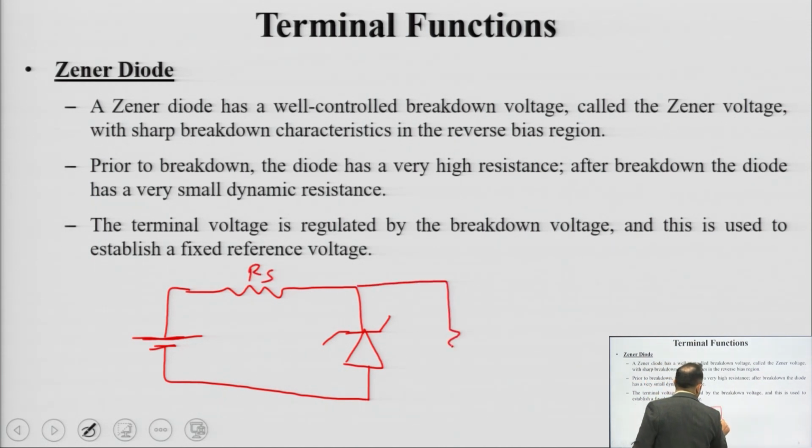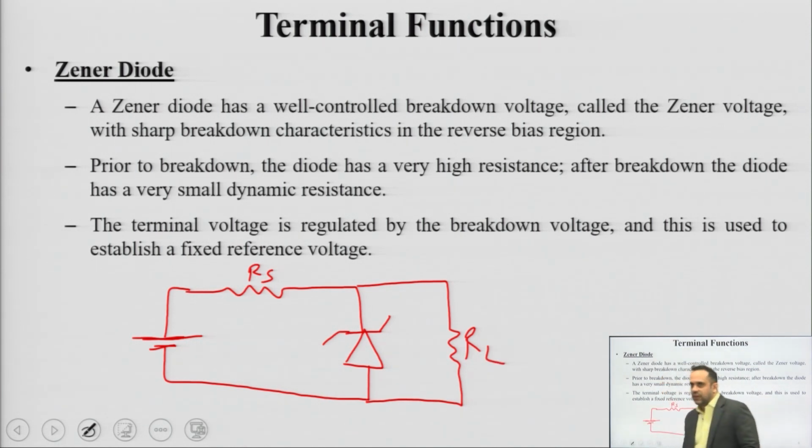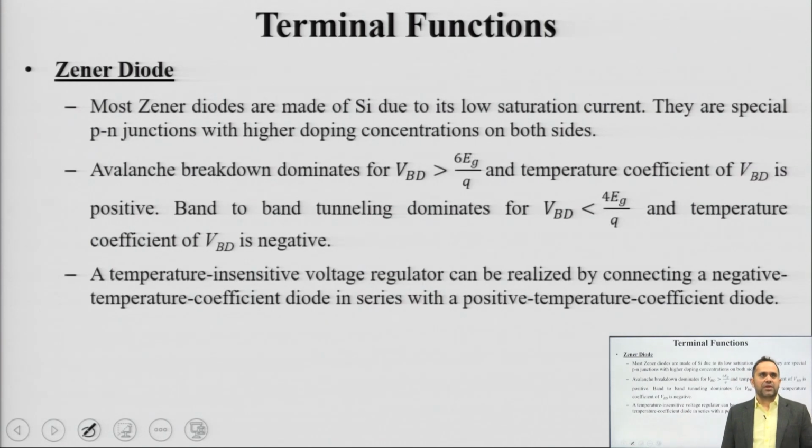If I connect this Zener diode in parallel to a load, this load will experience the same voltage as the Zener diode because they are in parallel. If any excessive current enters this circuit, it is going to be absorbed by the Zener diode and your load will be saved, or it will be regulated. Okay. So, this is one of the major terminal functions of a Zener diode, to be used as a voltage regulator.